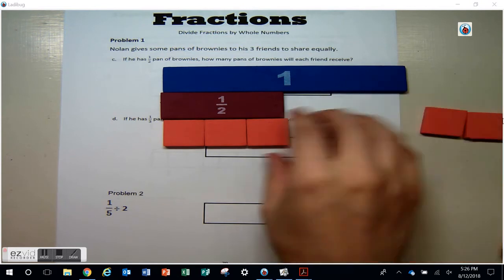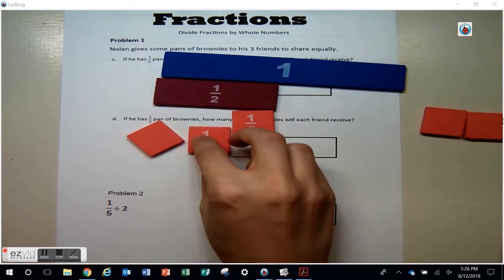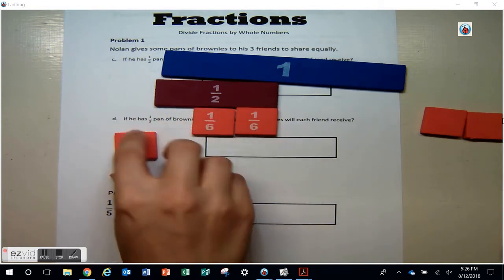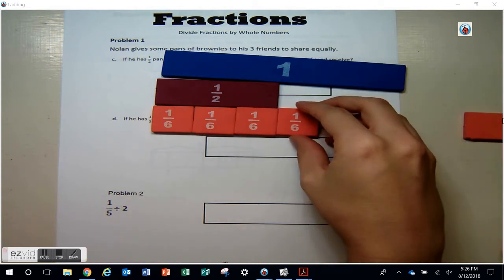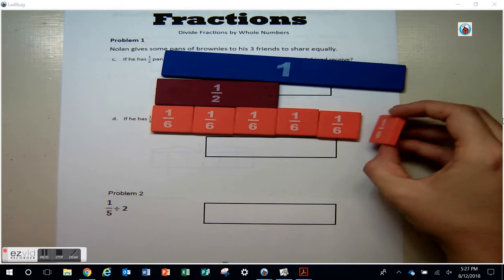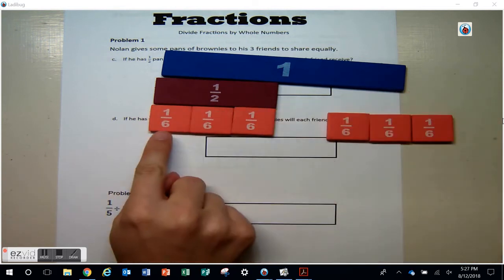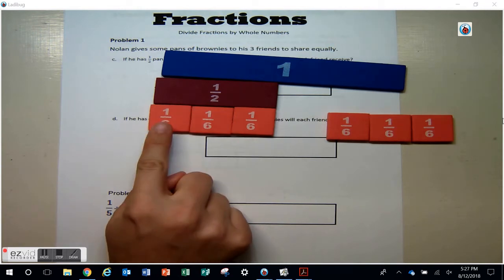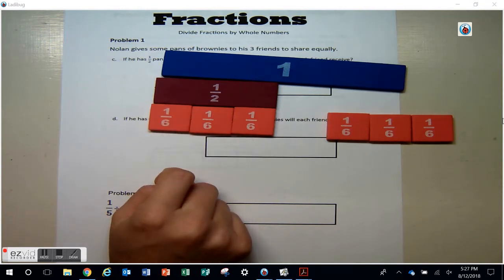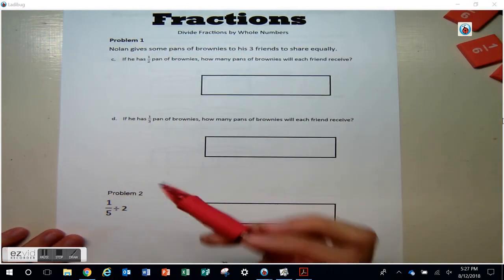So, each of his friends will receive 1/6 of a pan, because each of these makes a whole pan if I put 6 together, but I only had 1/2 to start with, so I'd have to take that 1/2 and split that up among the 3 friends. So each friend will receive 1/6 of a pan.